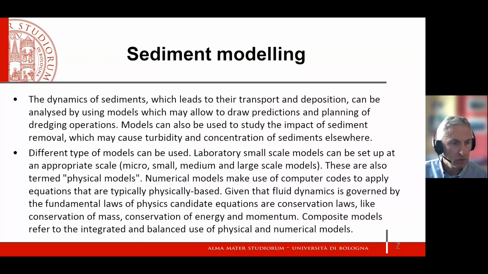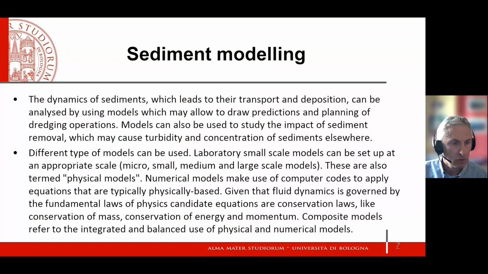Now, let me get into the detail at the stage of sediment modeling. It is a fascinating field, because it's a big task. It's a difficult task to model the dynamics of sediments. Those of you who attended my course on coastal engineering have had some experience in modeling beach hydrodynamics and morphodynamics.